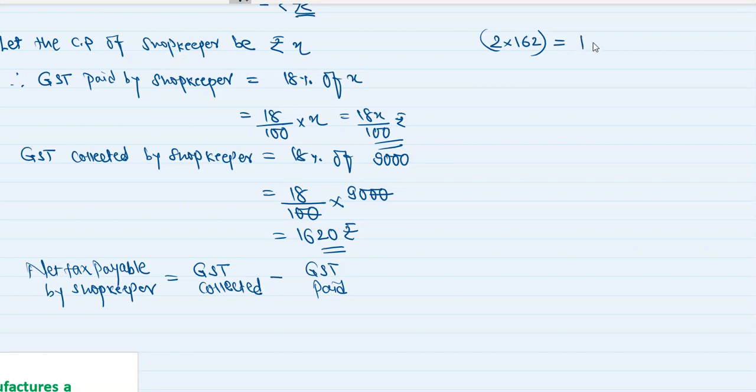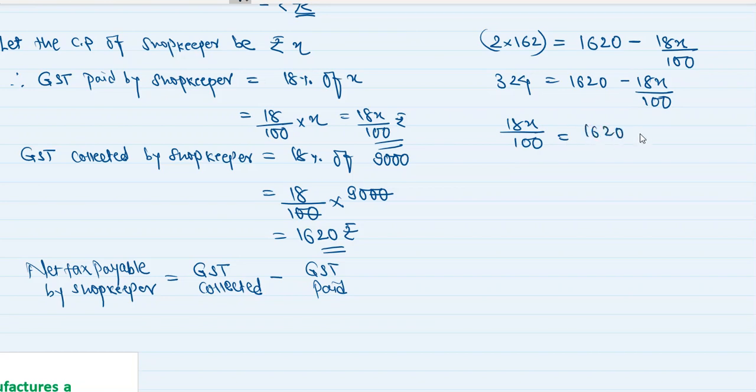GST collected is rupees 1620 minus GST paid is rupees 18x by 100. Okay, so what is this? This is 324 is equal to 1620 minus 18x by 100, or 18x by 100 is equal to 1620 minus 324.